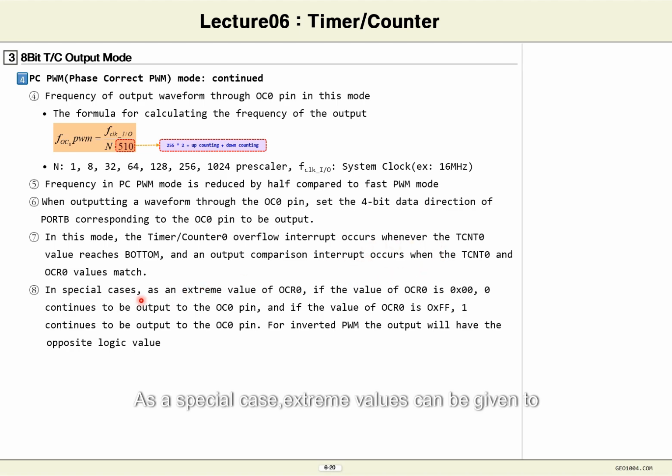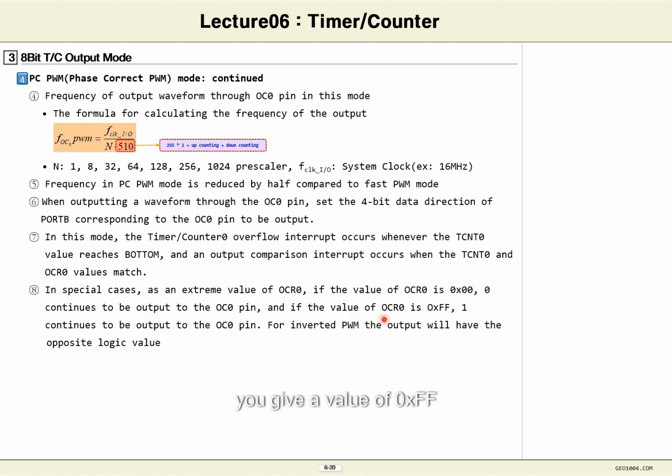As a special case, extreme values can be given to the value of OCR0. If a value of 0x00 is given to OCR0, logic 0 is continuously output to the OC0 pin.